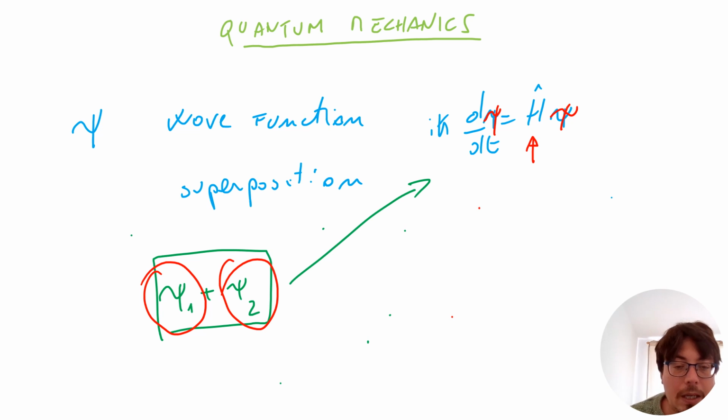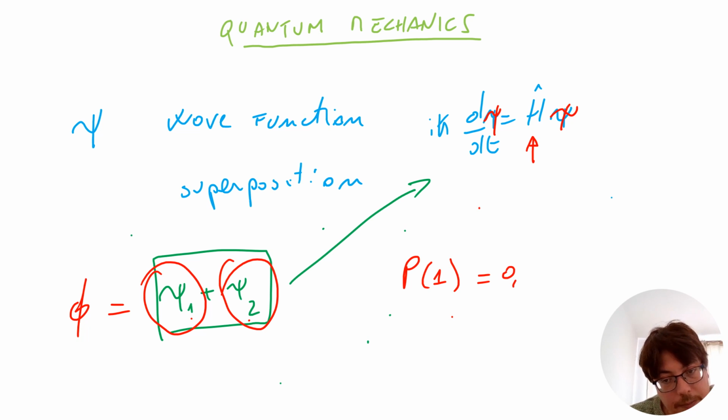But what I want to say is that already in this case, it means that this state, we call it phi, suppose, will have a particular answer if you look at the characteristics 1 and 2. You can think about the probability of getting the answer 1, and it could be 30%, and the probability of getting the answer 2 would be 0.7.